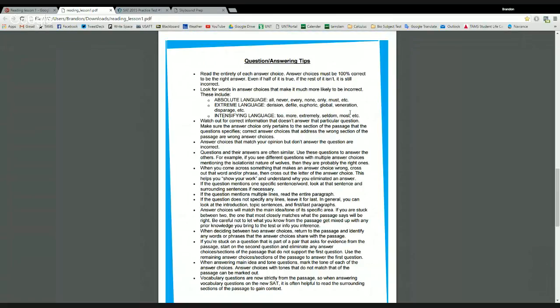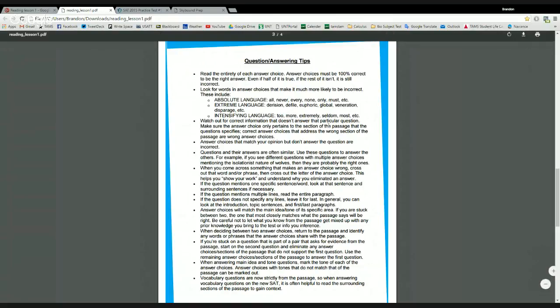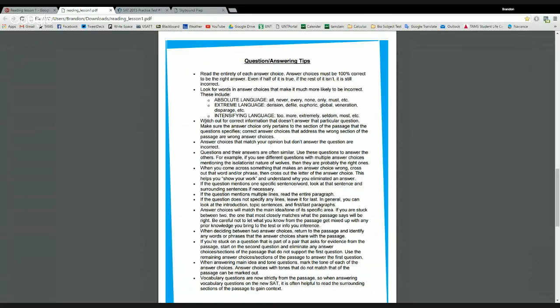You can usually just cross them out when you see them, because the answer choice is too extreme in its wording, which is not usually what the SAT tests. You don't want an answer choice that's too extreme, like "criticism." That's a pretty harsh word. All, never, every, all these. So if you need help with these, just search them up. You can find a list, try to memorize them, and recognize them in the passage.